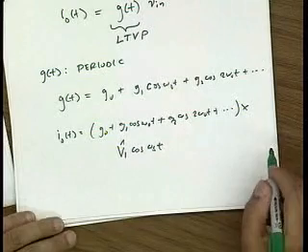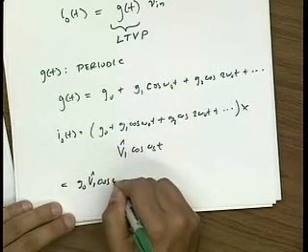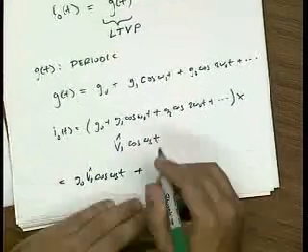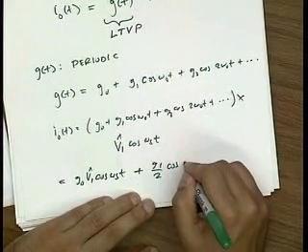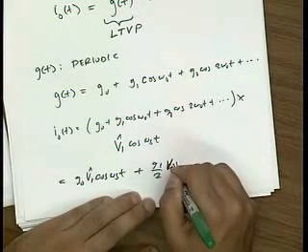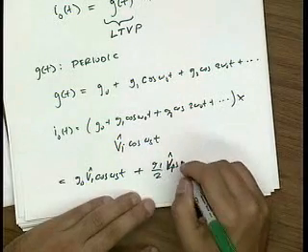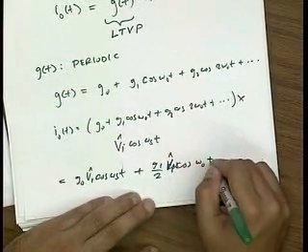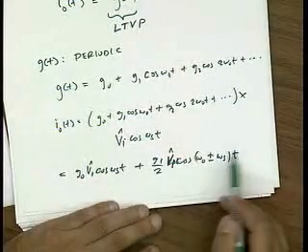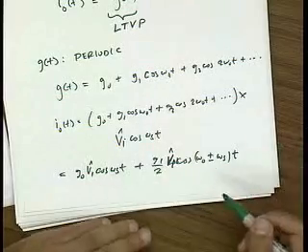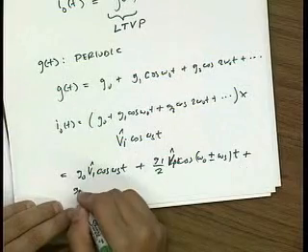So the output is G0 V1 cosine omega s t. That's just the linear output. And then G1 over 2 times V input, let me call this V input, times cosine of omega naught plus or minus omega s, t. So that's basically frequency modulation by the cosine term. That's the ideal mixer multiplier that we talked about last time.